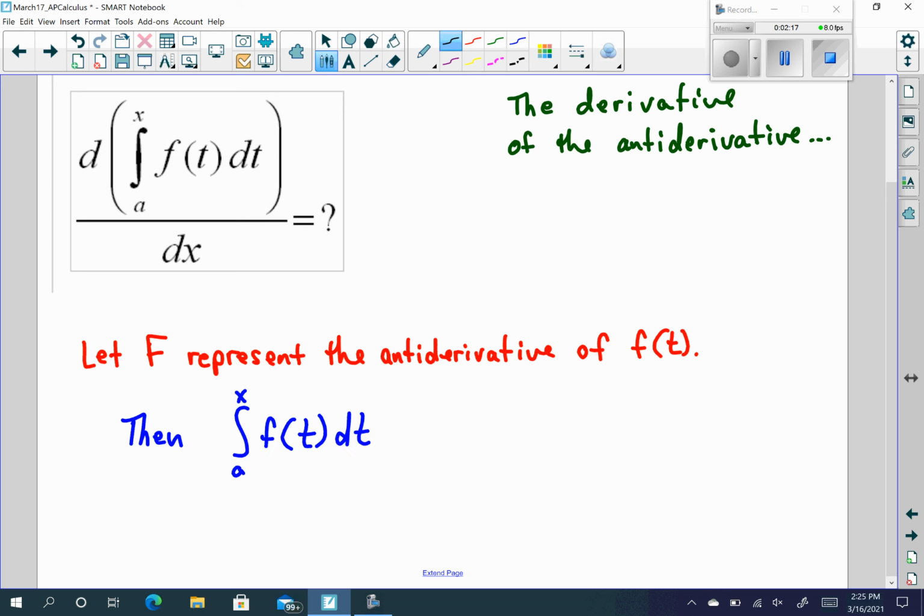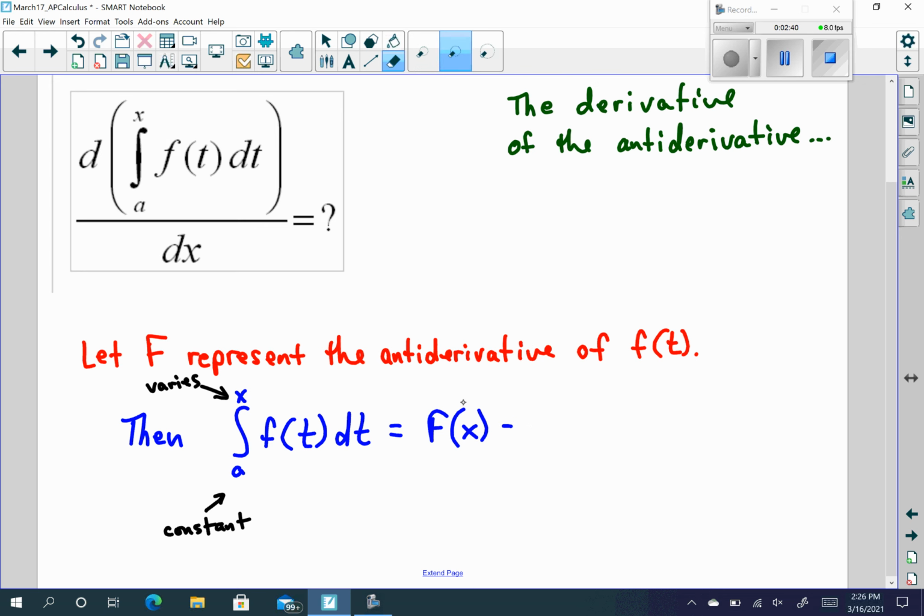And I want to point something out here. This bottom limit of integration is going to be a constant. The top part is what's going to vary. So this is simply going to become the antiderivative evaluated at x minus, actually let me write this out first before I go to the evaluation part.